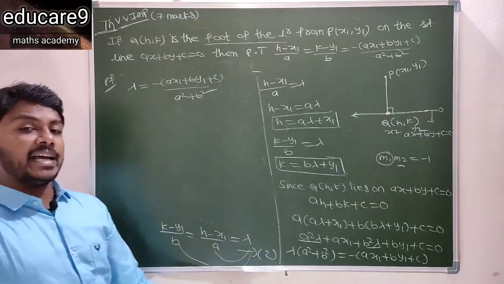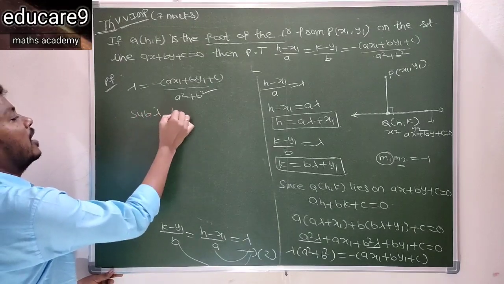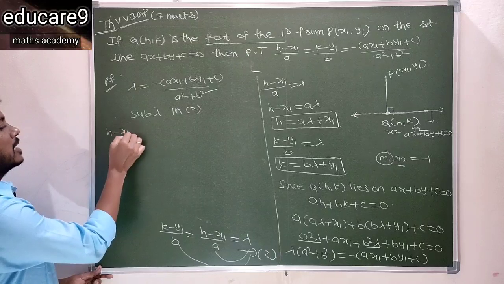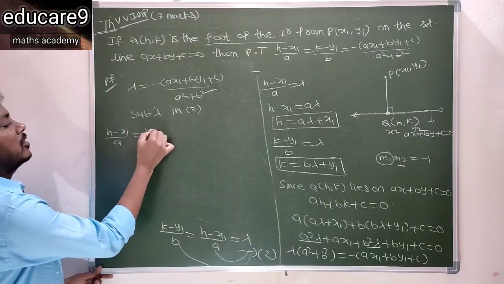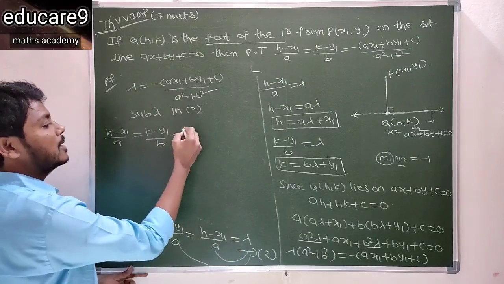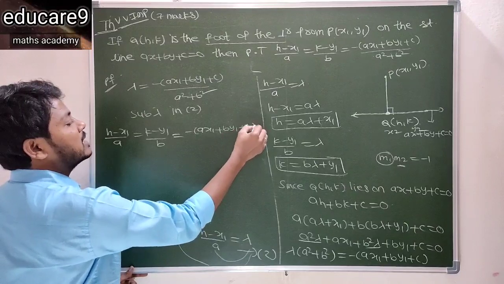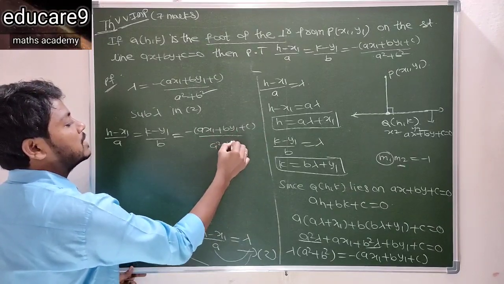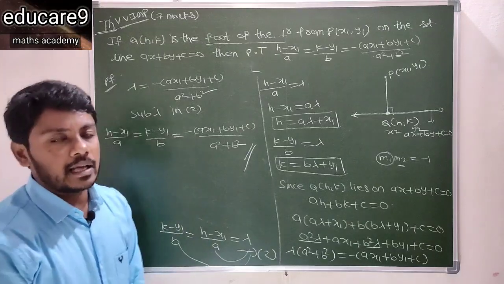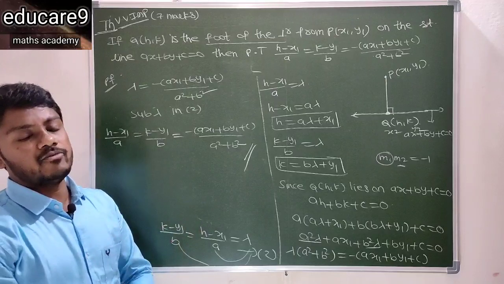Now substitute lambda in equation 2. So h minus x1 by a equals k minus y1 by b equals lambda, that is minus of (ax1 plus by1 plus c) by a square plus b square. So this is the foot of the perpendicular from the point (x1, y1) to the straight line formula.